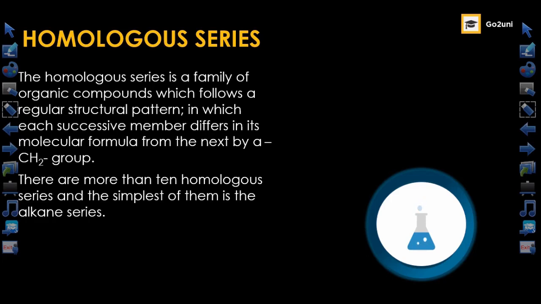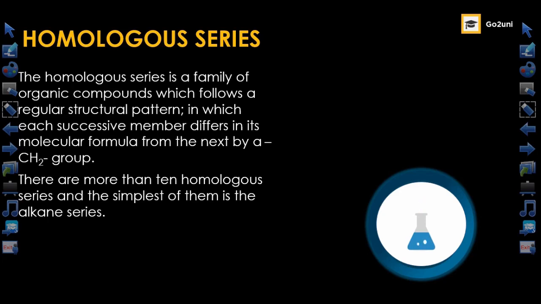We have a formula which is BCH2. And if I'm going to know the next member of that family, adding CH2 to BCH2, the next member of the family, which is likely C, is going to give me C2H4.